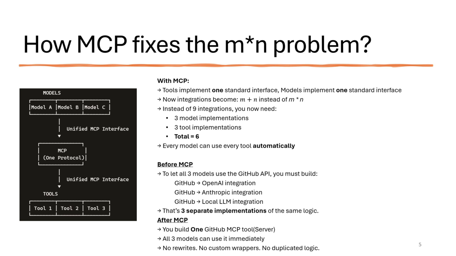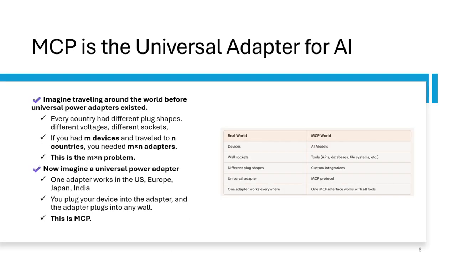With MCP, I just need to build one MCP tool for GitHub, and that will be portable to all three AI models, OpenAI, Anthropic, or local LLM. I don't have to rewrite the code, I don't have to write any custom wrapper, and I don't have to duplicate the logic. This is how MCP fixes the M×N problem, or the many-to-many problem.